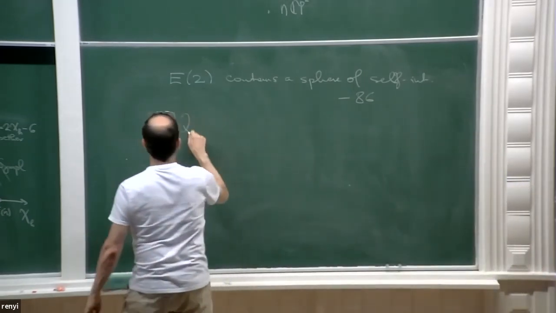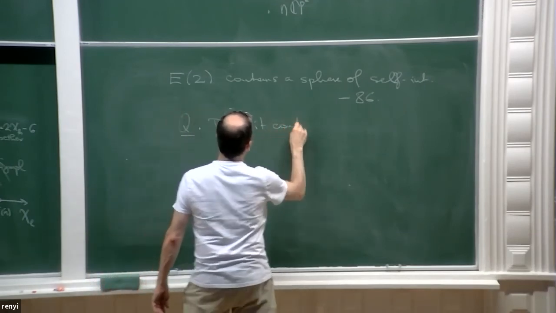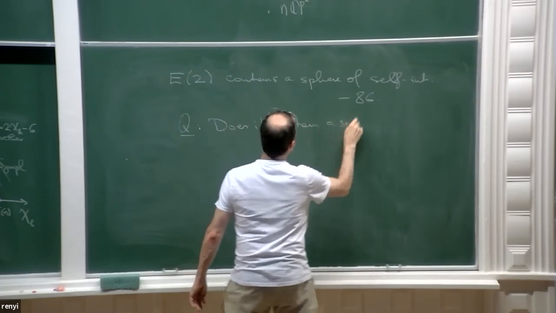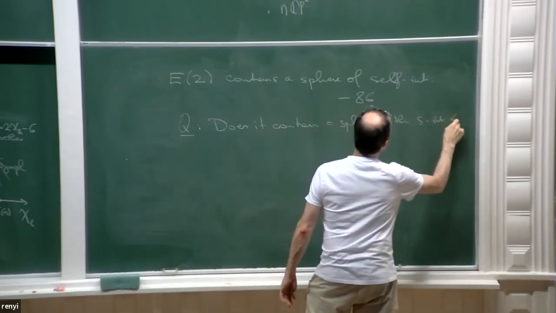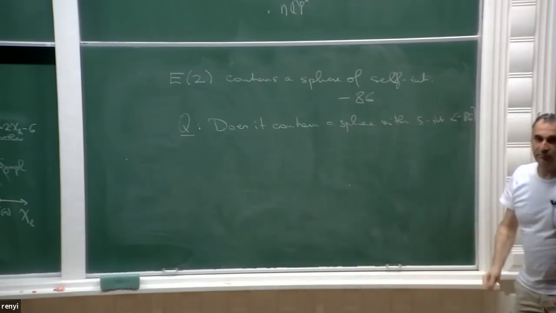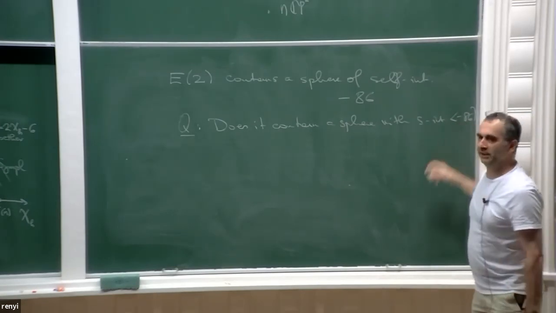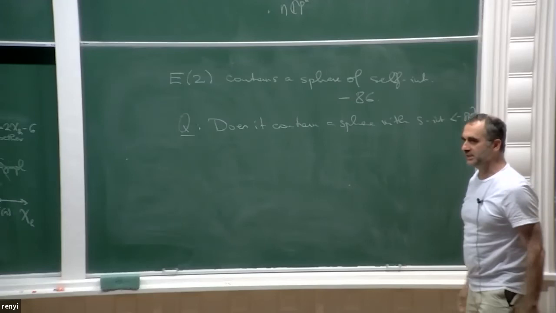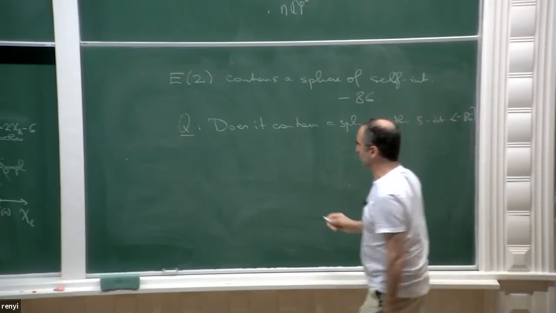Question: does it contain a sphere with a self-intersection less than -86? We don't know the answer. Our current constructions never want to produce anything lower than that, but we don't see any reason why not. So again, this is just playing around with surfaces inside 4-manifolds.